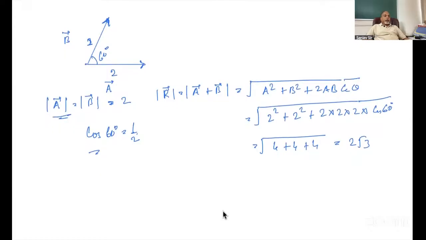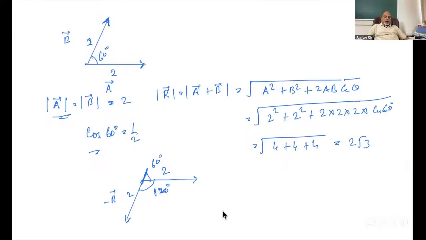Likewise, what is this? This is your minus B. This is 2, this is 2. This is your 60 degrees, so this angle is basically 120 degrees. Correct.